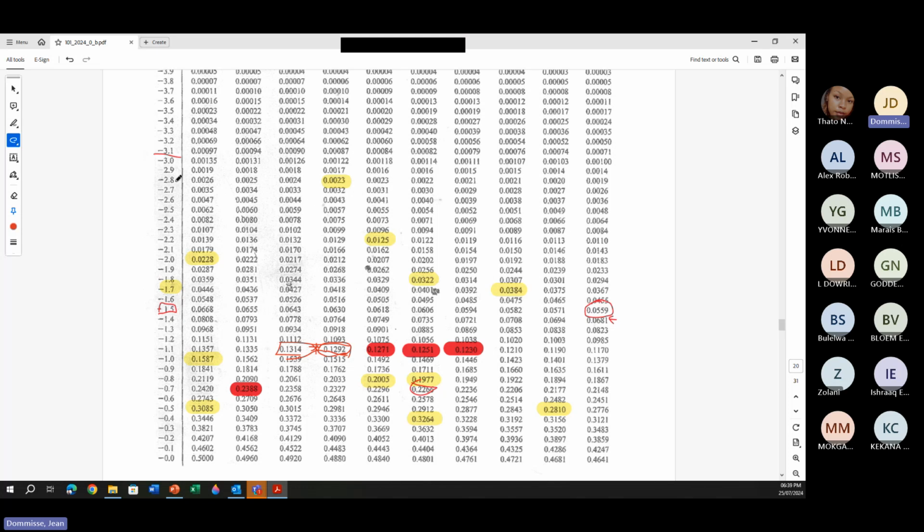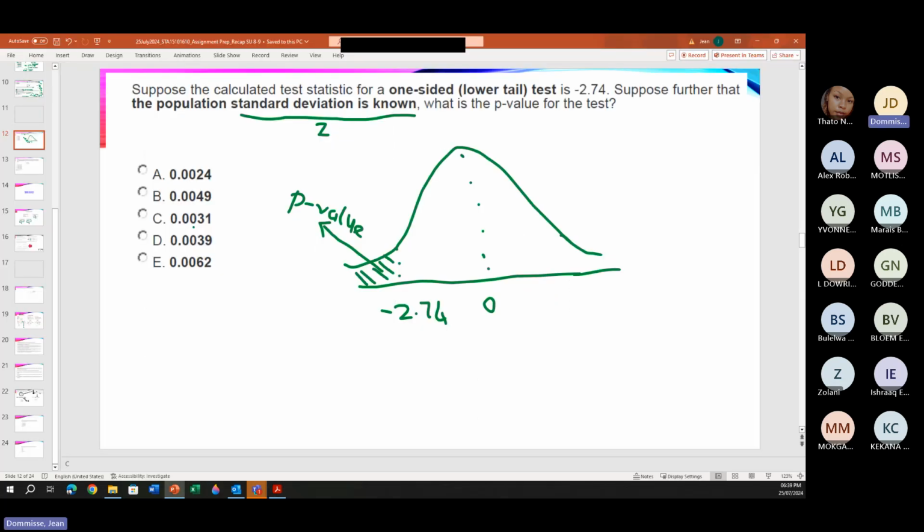Minus 2.7, then 2.70, 1, 2, 3, 4, and 0.0031. Okay, they told us one-sided.